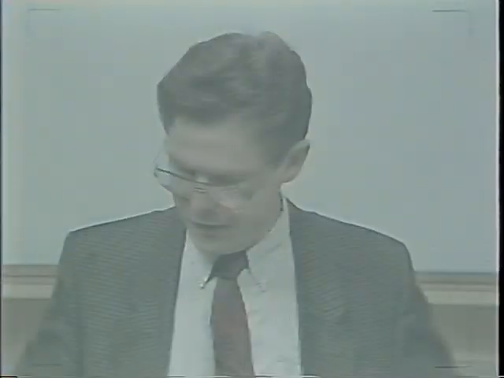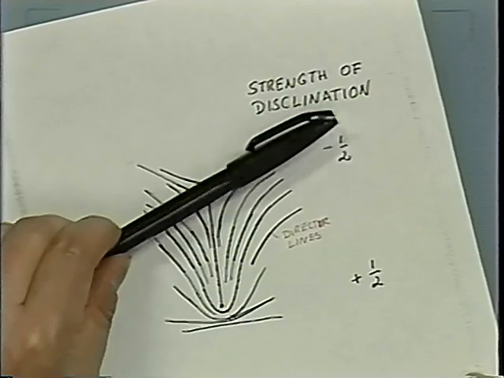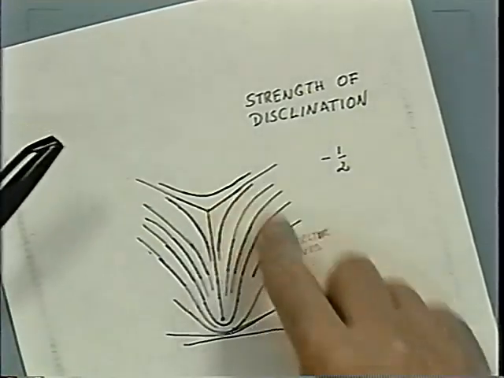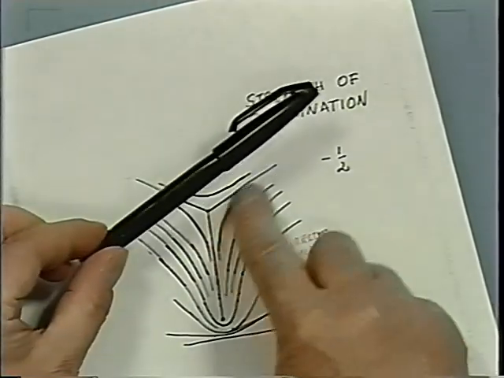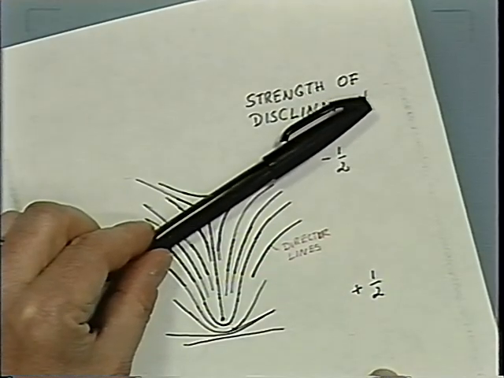I took a pair of those defects and magnified them a little bit just to talk about the strength of disclination. I take this pen here and align it tangentially to one of those. I just magnified the picture which you have on your sheet.